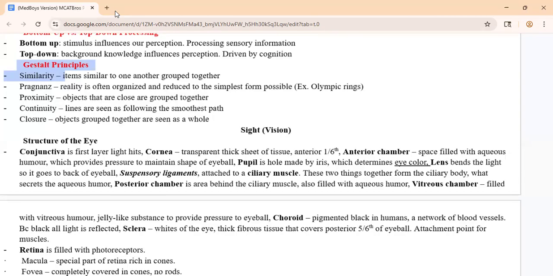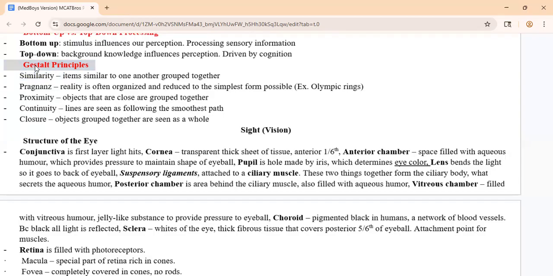Continuity is a line that we see and we form it as the smoothest path. Closure is objects grouped together being seen as a whole. So you see an O, it may have some gaps or dots, but because you're used to seeing an O, you automatically make it a whole.